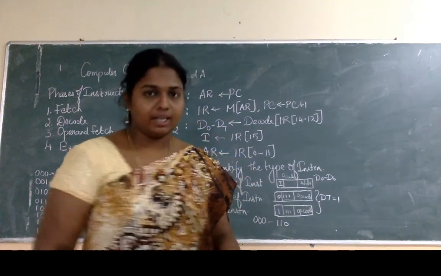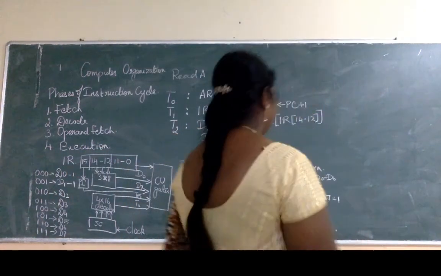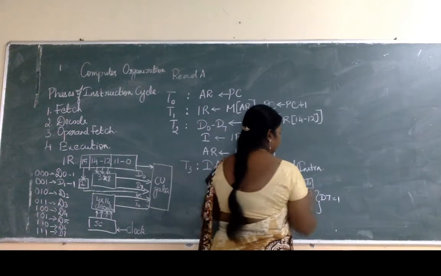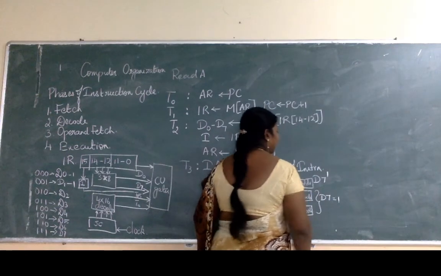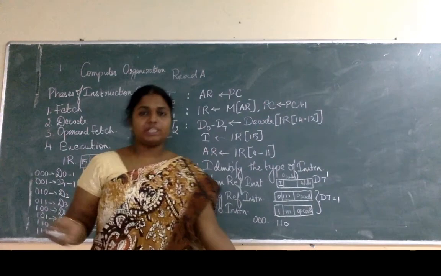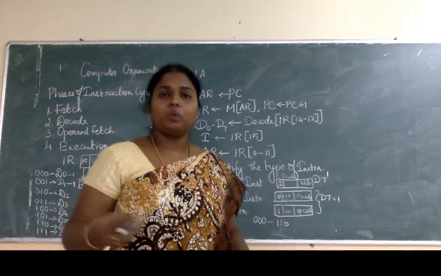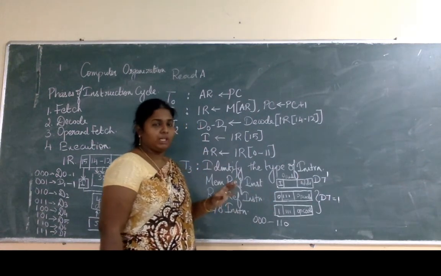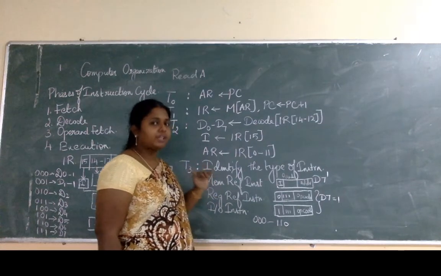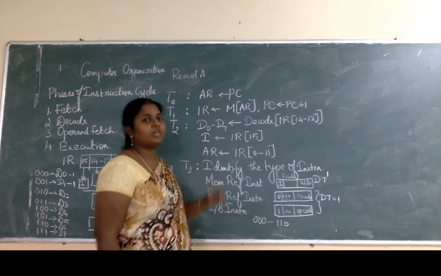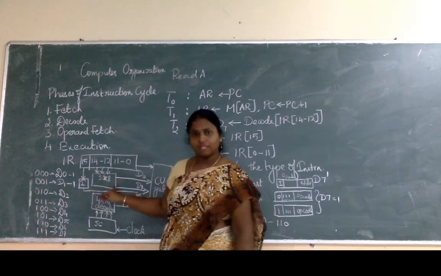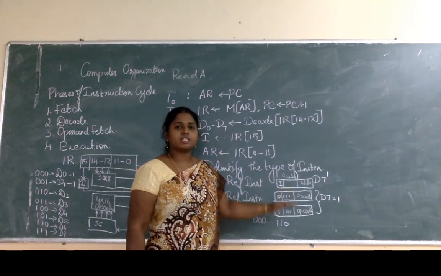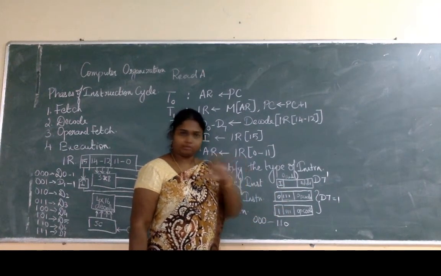Or I can say the complement of D7, D7 dash, anything other than D7 will indicate a memory reference instruction. Do you understand the difference? So the next level after decoding, I am going to immediately look into the D7 output of this decoder and find out whether it is a memory reference instruction or a register or an IO operation. Are we clear till here?